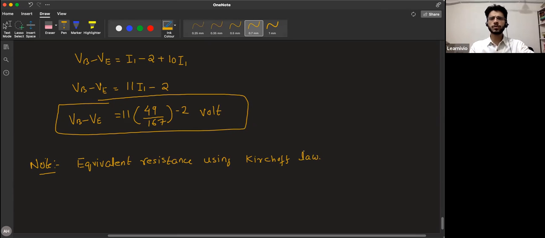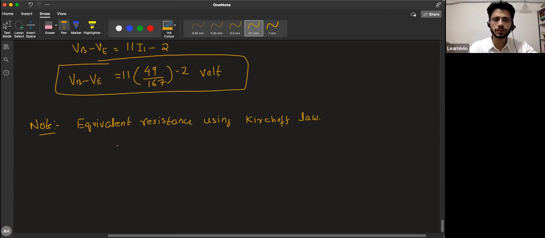Now, we use Kirchhoff law to calculate equivalent resistance when you don't have series and parallel combination. We calculated equivalent resistance using the rules of series and parallel combination. What if you don't have any resistor in series or in parallel? Then we will use Kirchhoff law.